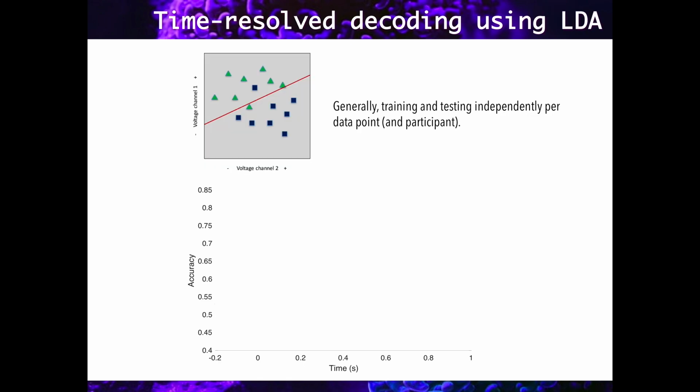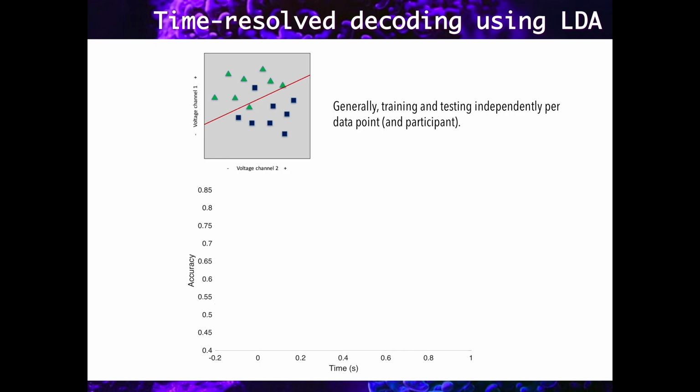Now that we have a general overview of linear classifiers, let's move back to how this tool can be applied in EEG and MEG datasets, where high time resolution is one of the main features of these techniques. In the last years, we saw in several studies how classifiers can be applied in a time-resolved manner in EEG and MEG.